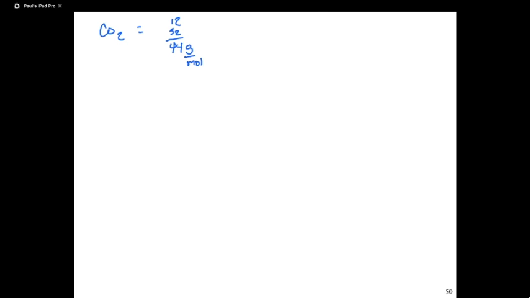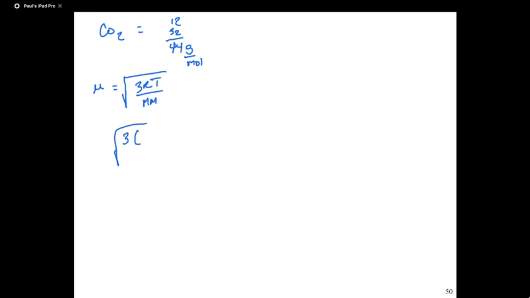If I calculate this, the root mean square speed is equal to the square root of 3RT over formula weight, or molar mass. Here we go. The square root of 3R.